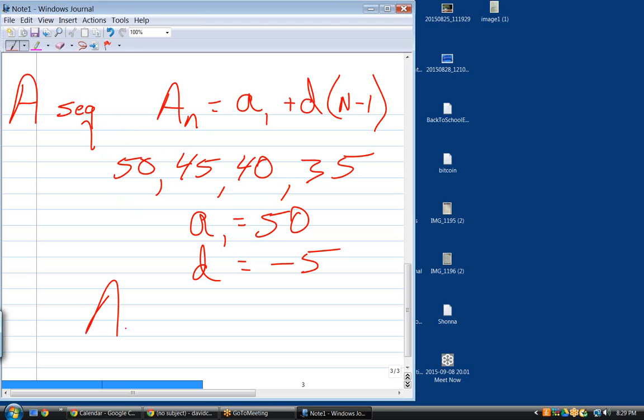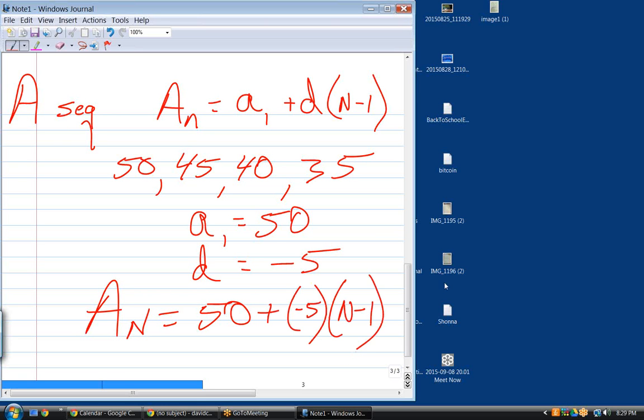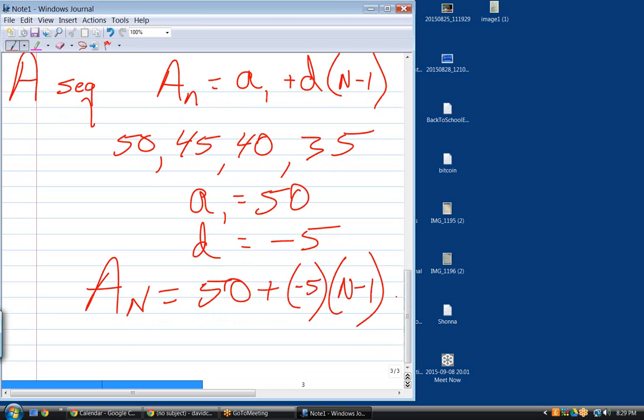So a sub n is equal to 50 plus a minus 5 times n minus 1. And we could simplify that a little bit if we wanted to. In other words, if I want to simplify that, it would be 50 minus 5n plus 5, or 55 minus 5n.